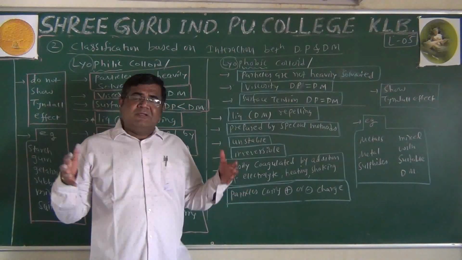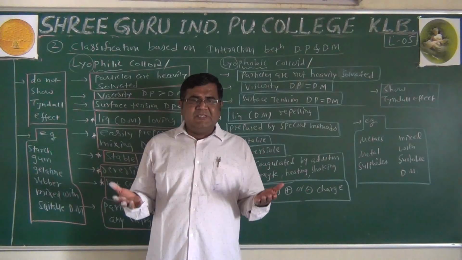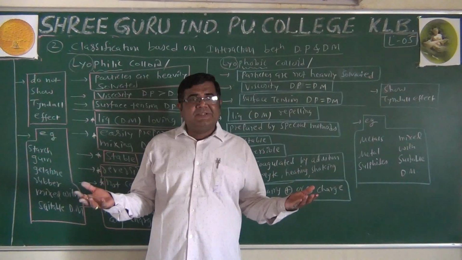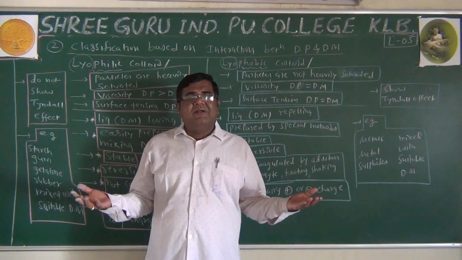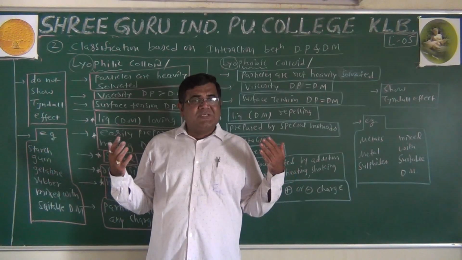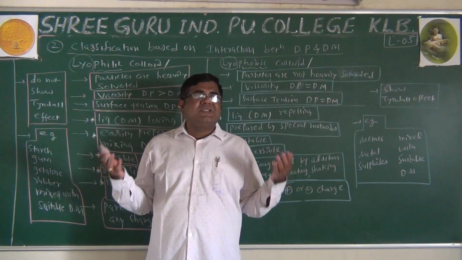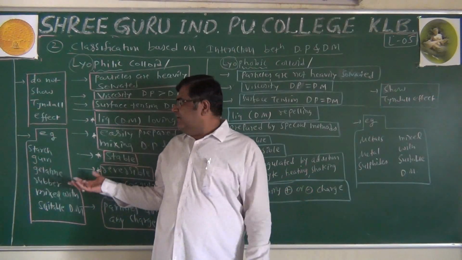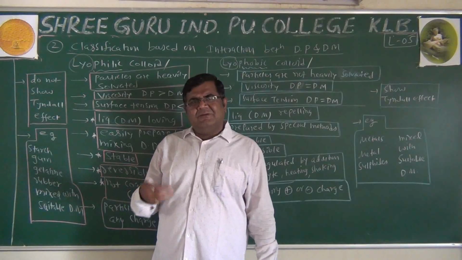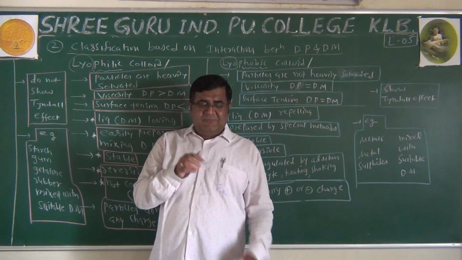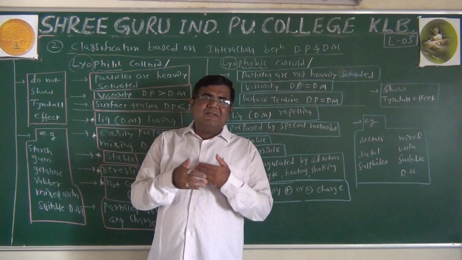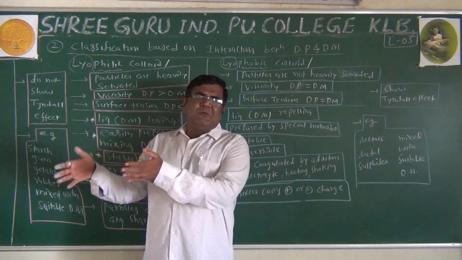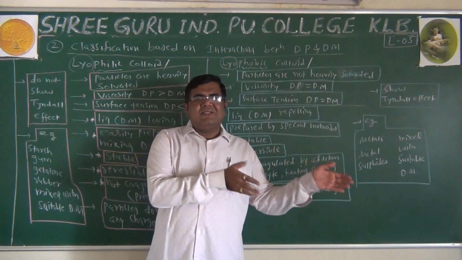There is strong interaction, easily prepared, reversible, stable, cannot be coagulated, particles are heavily solvated, viscosity of DP is greater than DM, surface tension of DP is less than DM, do not show the Tyndall effect, and the example. So that word only indicates whether DP and DM have strong attraction or not. If attraction, one set of properties. Repulsion, another set of properties.